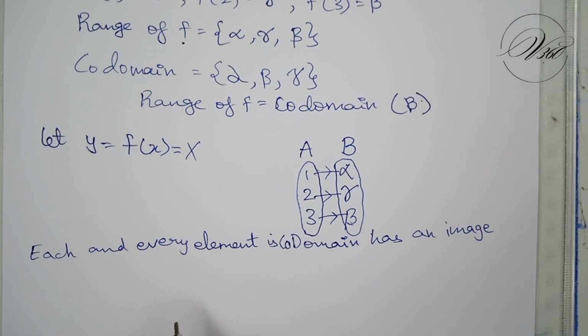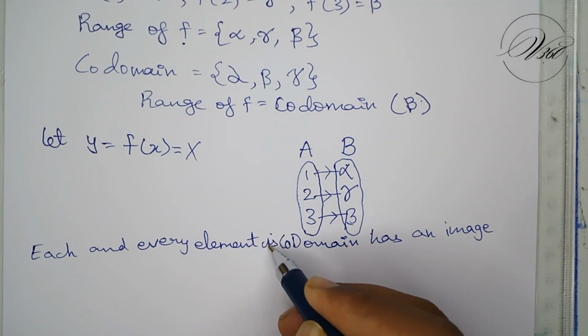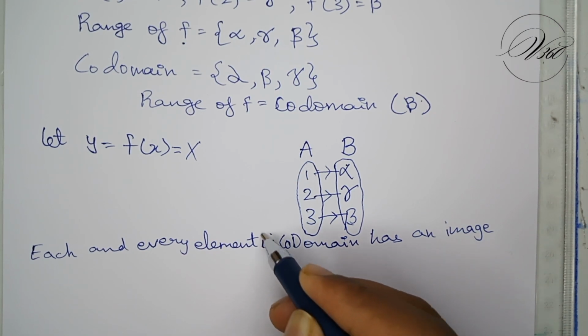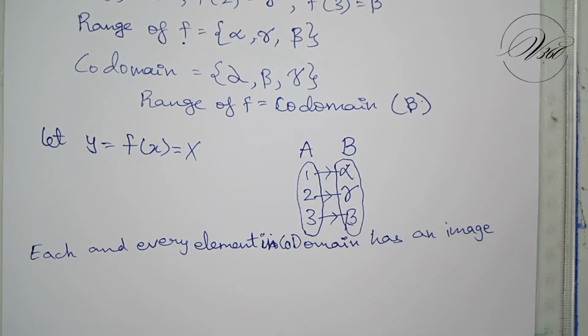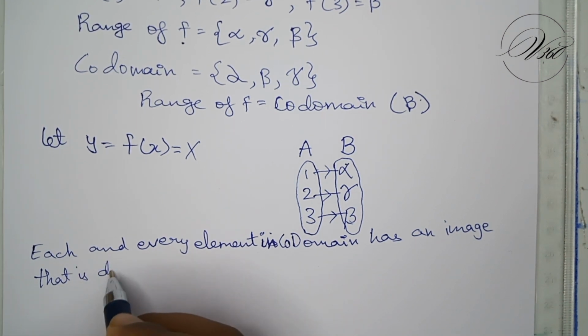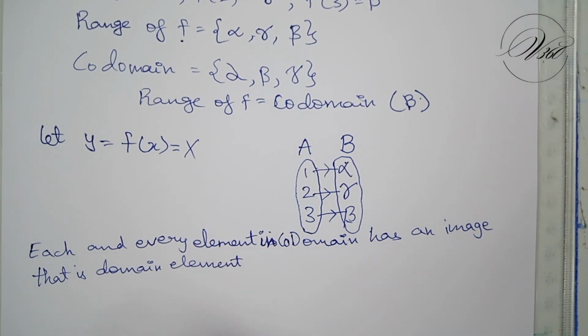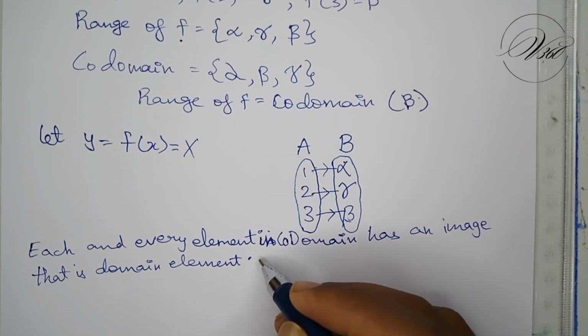Each and every element in the codomain has an image in the domain. So we can consider that it is an injection.